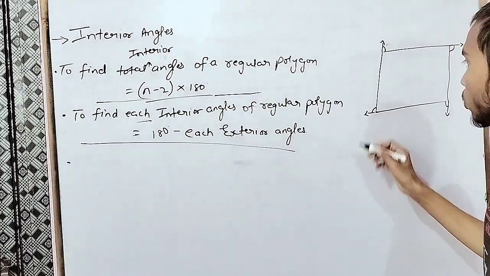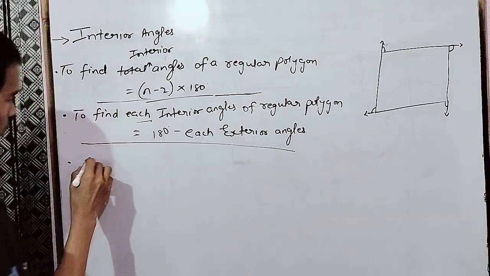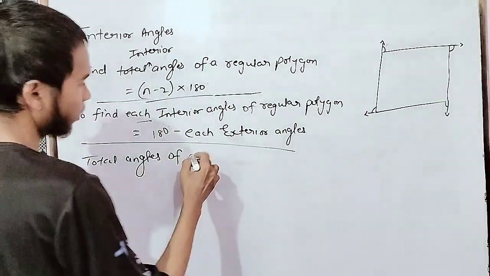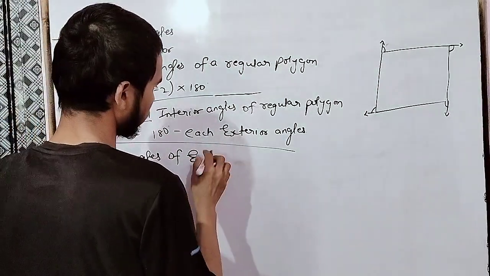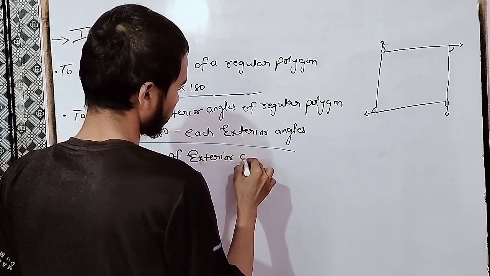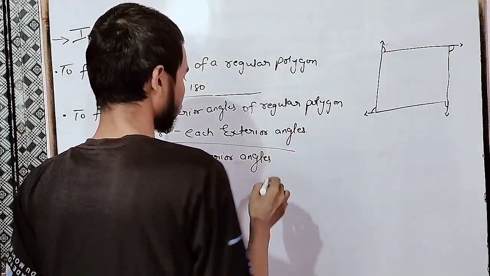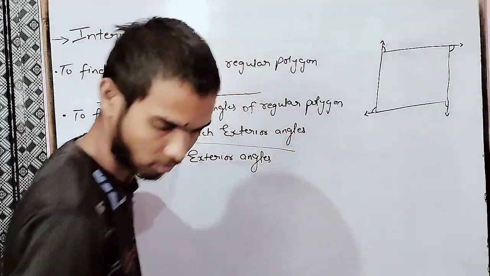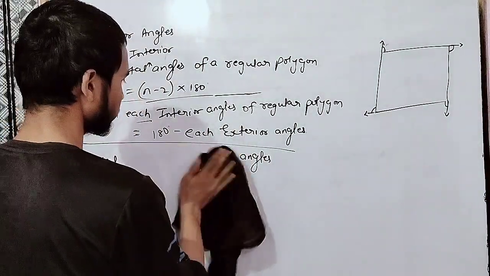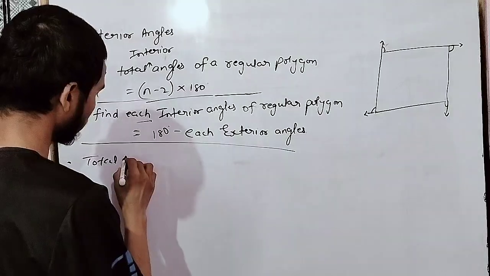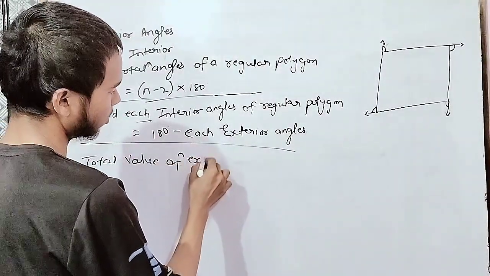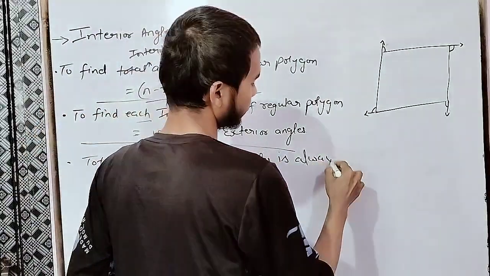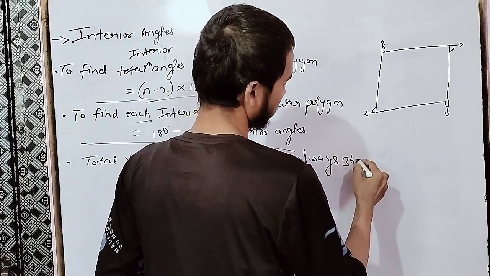Okay. So here, the total value of exterior angles is always how much? 360 degrees.